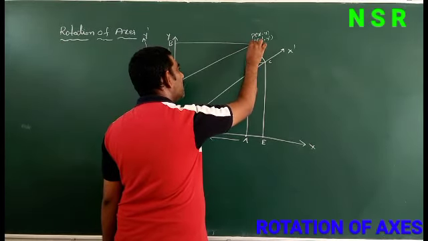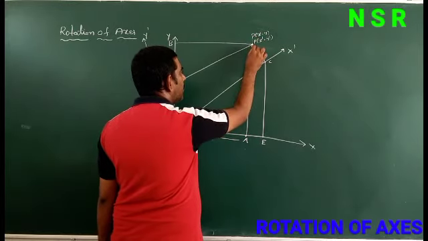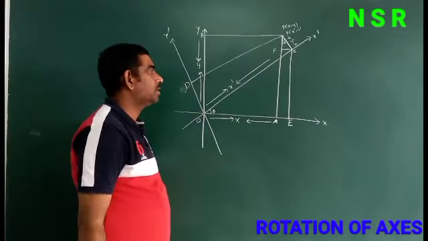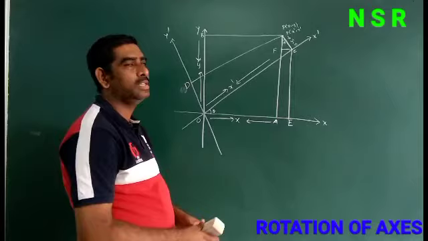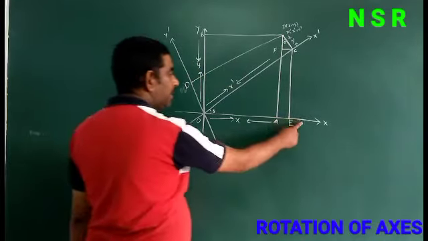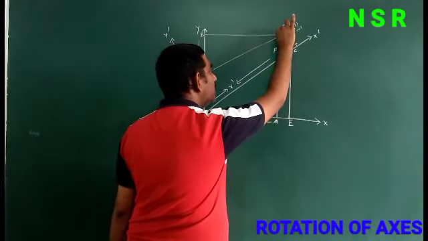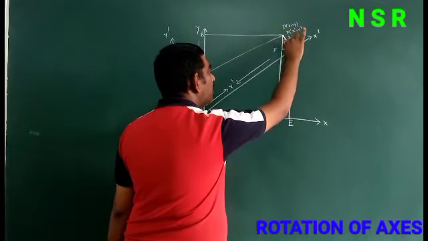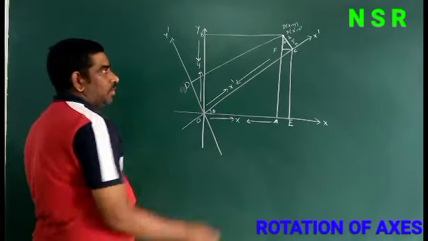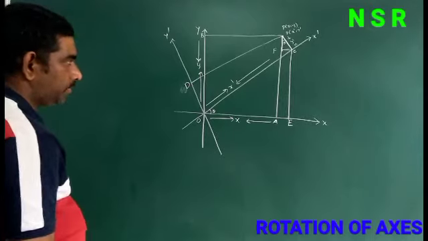We can draw perpendicular lines from P to x dash and from P to x. So the angle between PC and PA is also equal to theta.